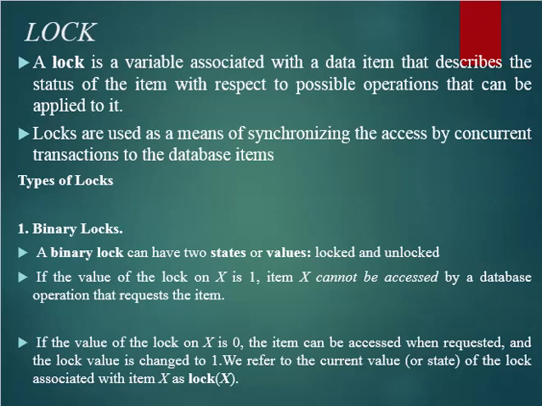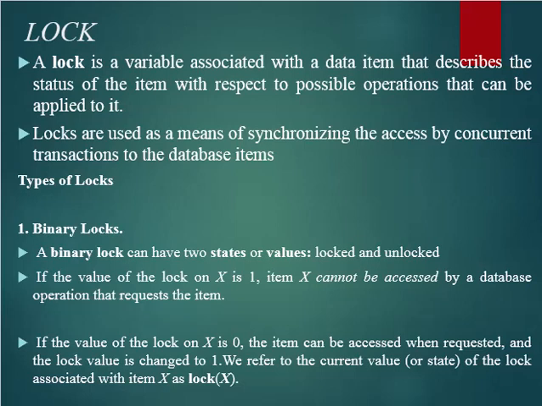From the name itself you can tell it is based on a binary value. A binary lock can have only two states, locked and unlocked. If the value of the lock on X is 1, item X cannot be accessed by a database operation that requests the item.